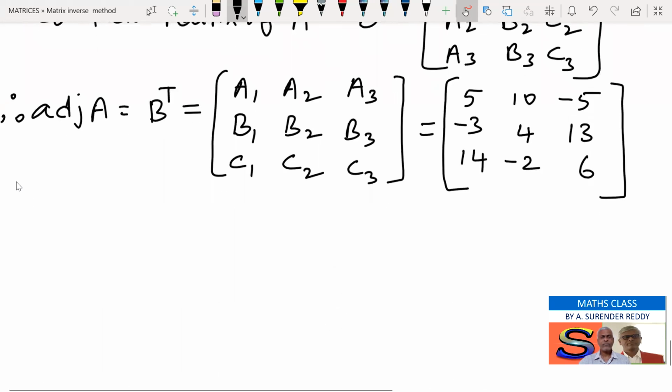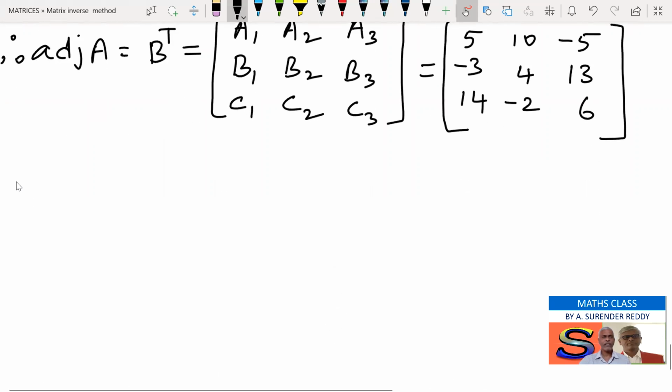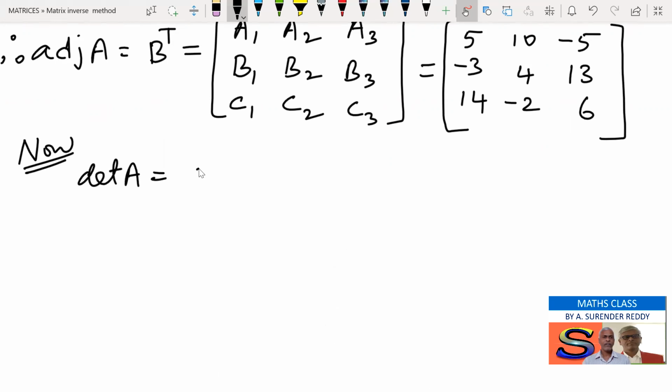Now we have to find the determinant. Let us find the determinant by using the definition. So what is the determinant?